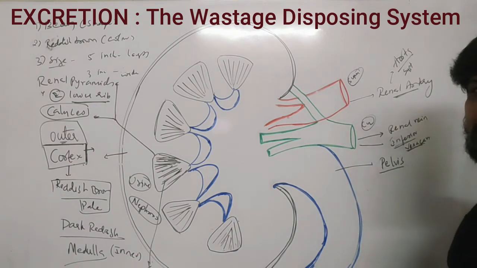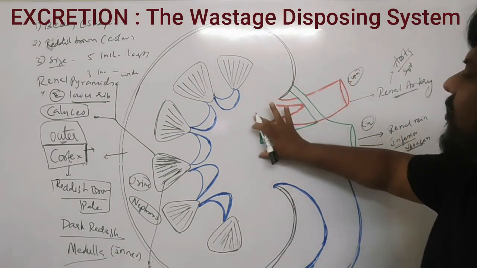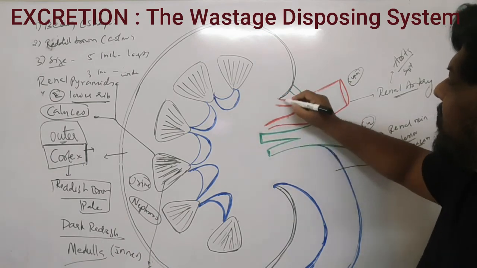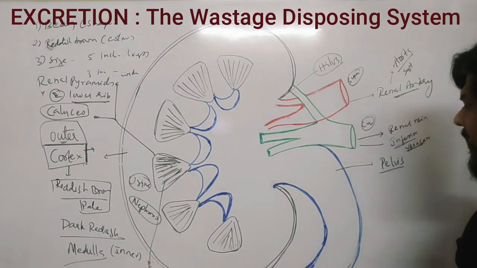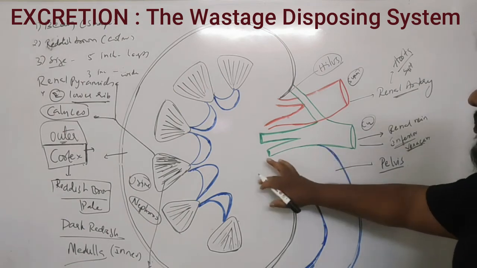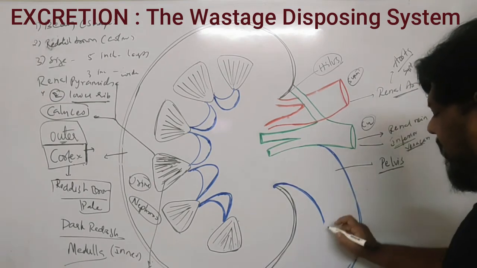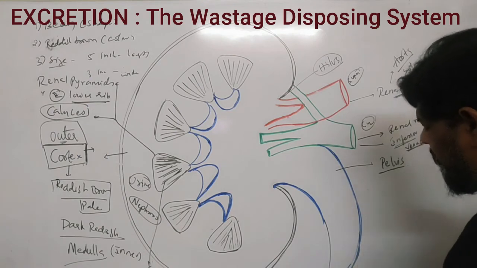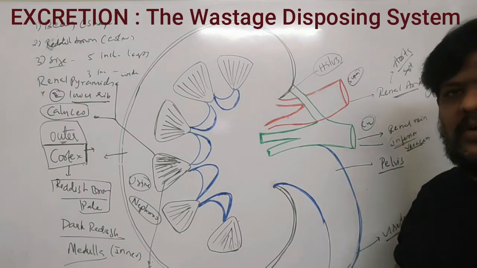The place where the renal artery and renal vein go inside the kidney is called the hilus. The pelvis comes and forms a tube-like structure which is called the ureter. So this is the longitudinal structure of the kidney.